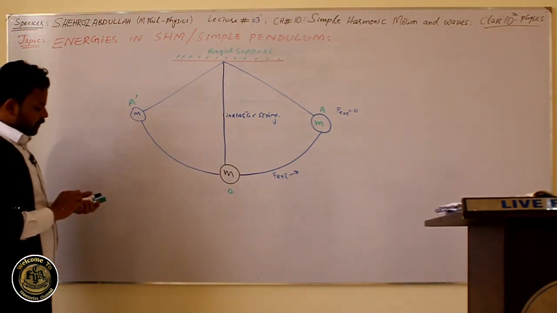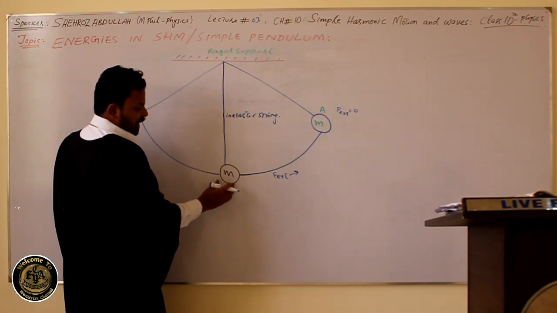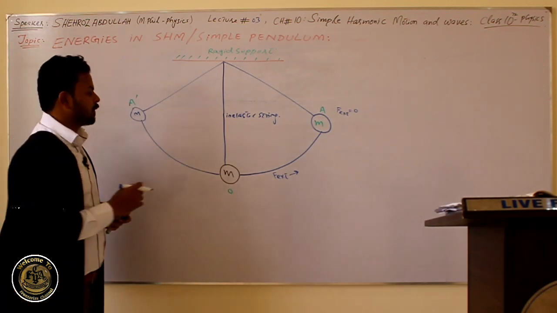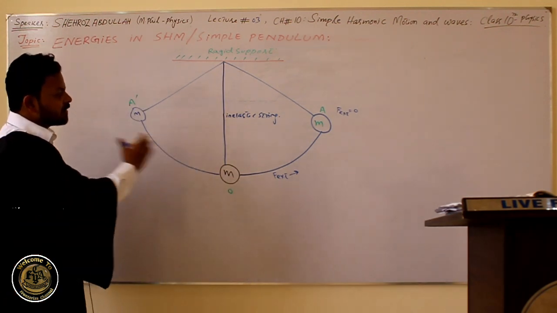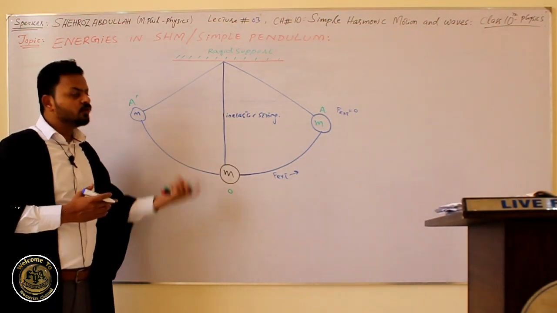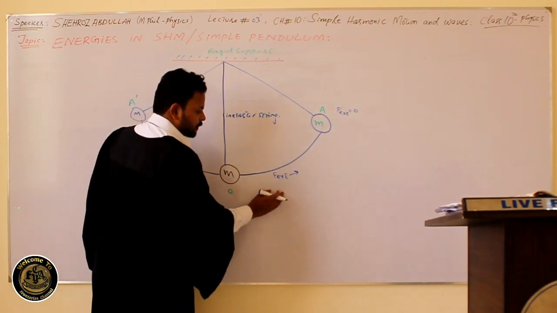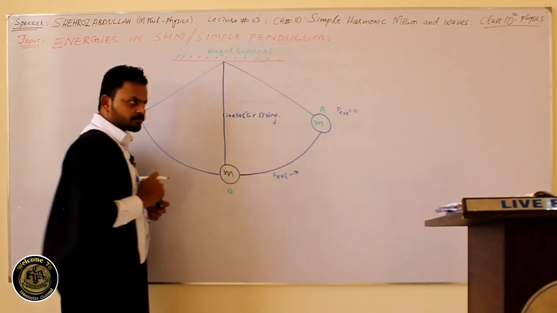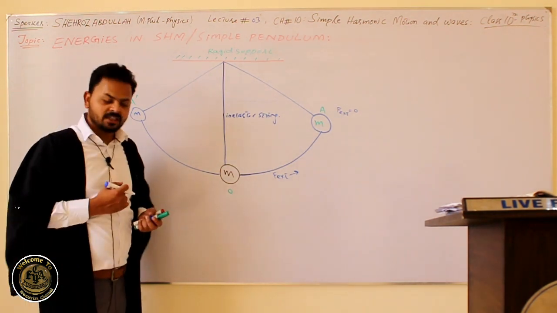Look, at mean position, kinetic energy and potential energy, it is in moving state. Now this diagram is for moving state. When I am bringing this metallic sphere to a point A, there is an increase or decrease in kinetic energy and potential energy.